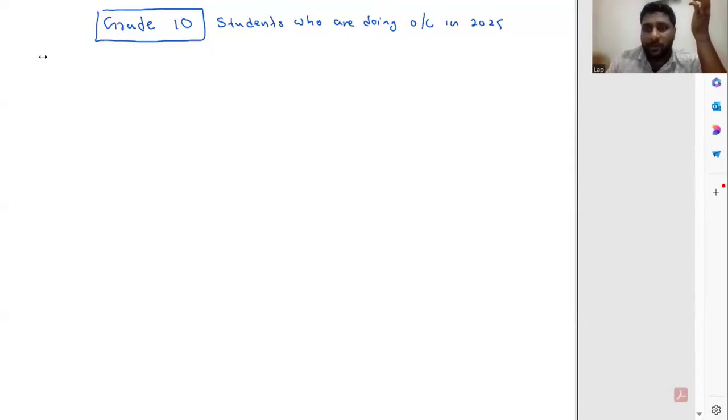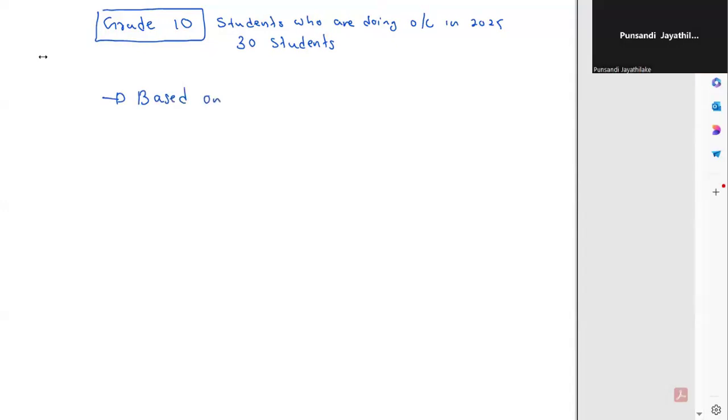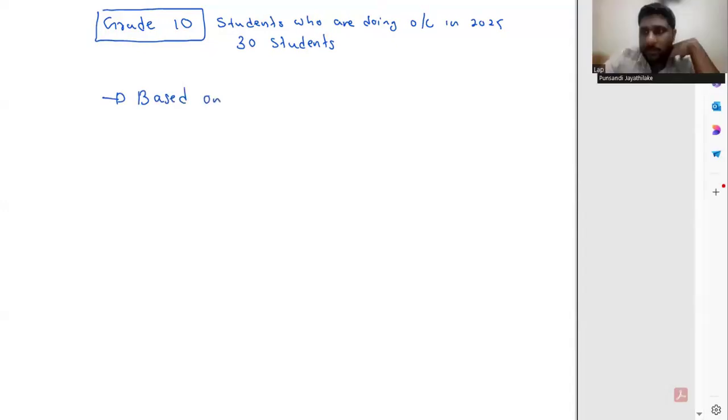We'll assume in this class there are 30 students. These 30 students, I can split based on different techniques. One method, I can split y'all based on gender, boy or girl, like that.